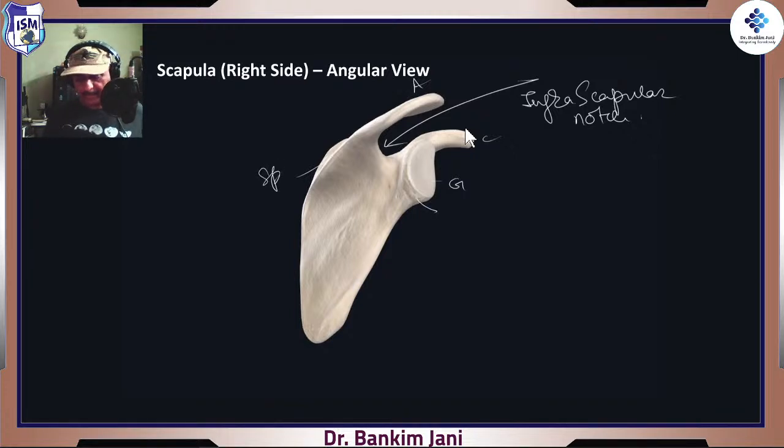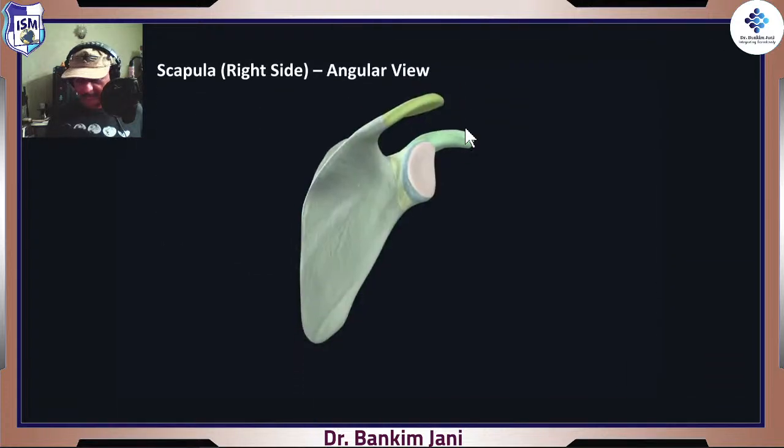That is the head and neck, and everything is known to you. Everything is fine. Just with a few colors so that you can watch it with clarity. This is the body, that's the inferior angle, that's the superior angle, this one would be the lateral angle, this is the neck.